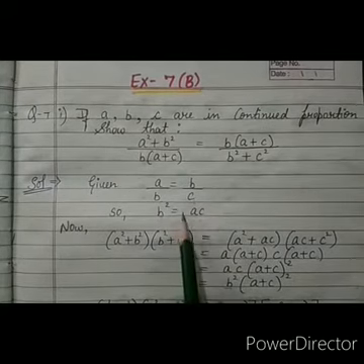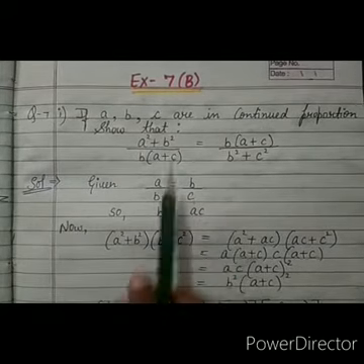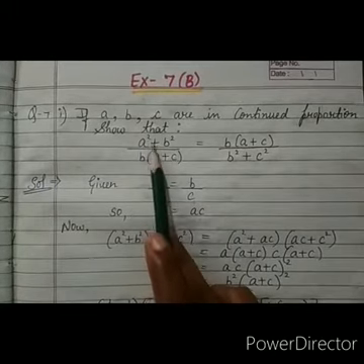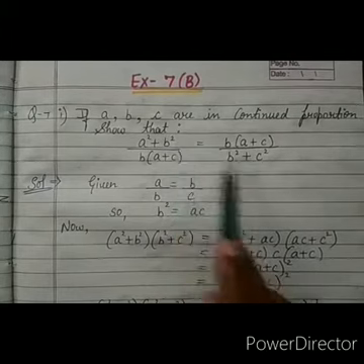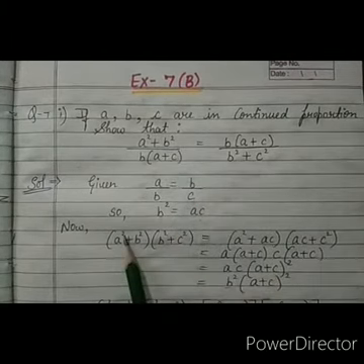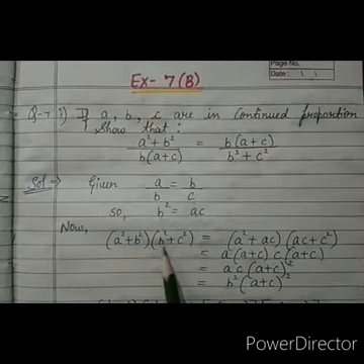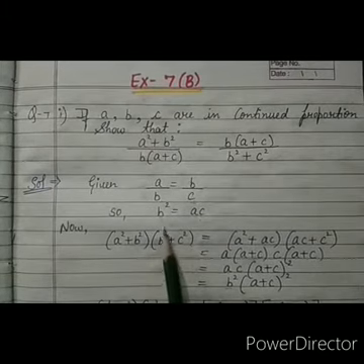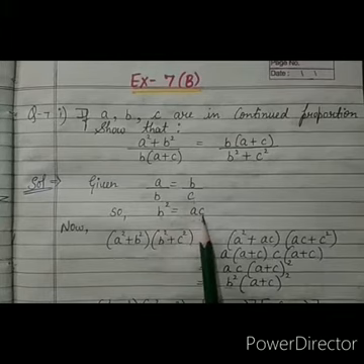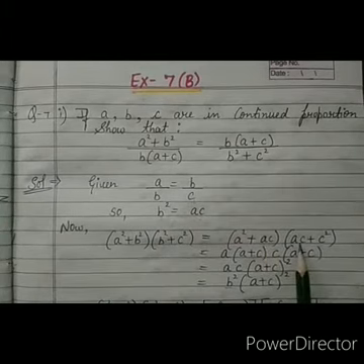Now in order to show, we have to take (A square plus B square) into (B square plus C square). When we cross multiply it, then we will get (A square plus B square) multiplied by (B square plus C square). Now in this we will put the value of B square, which is equal to AC here.